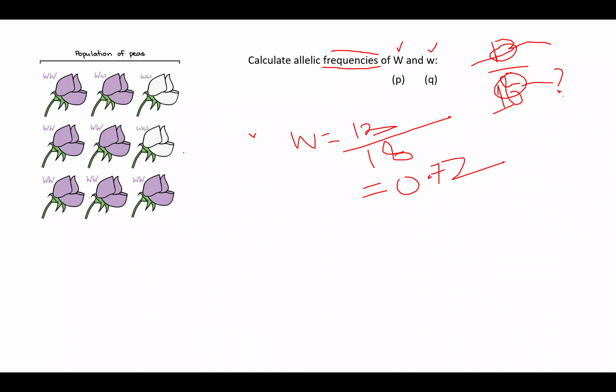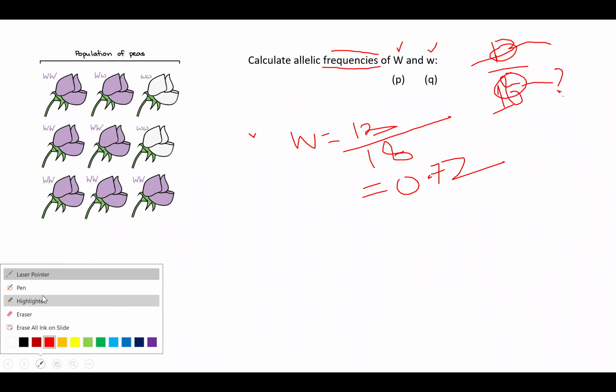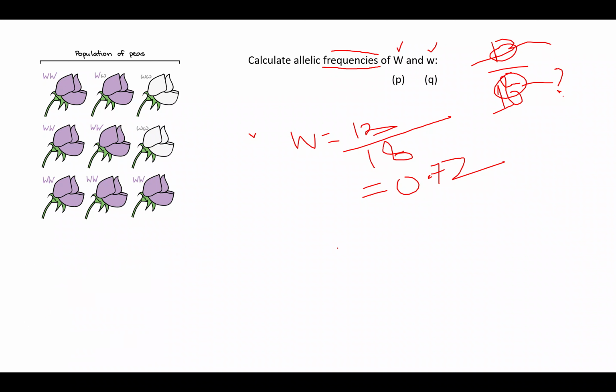Now tell me what is the allele frequency of small w? 0.27, sir.